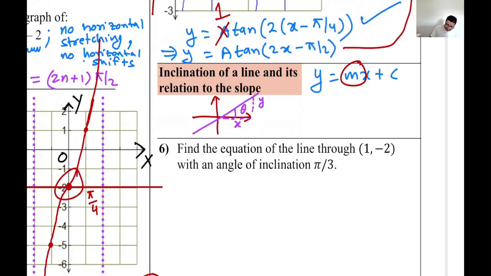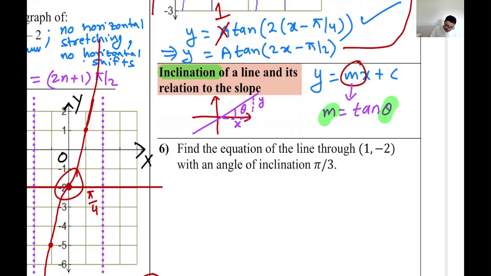So it turns out this m that we use in the slope of the line is tan theta, where theta is that angle with the x-axis, which is exactly called the inclination. This theta is the inclination and m is the slope.